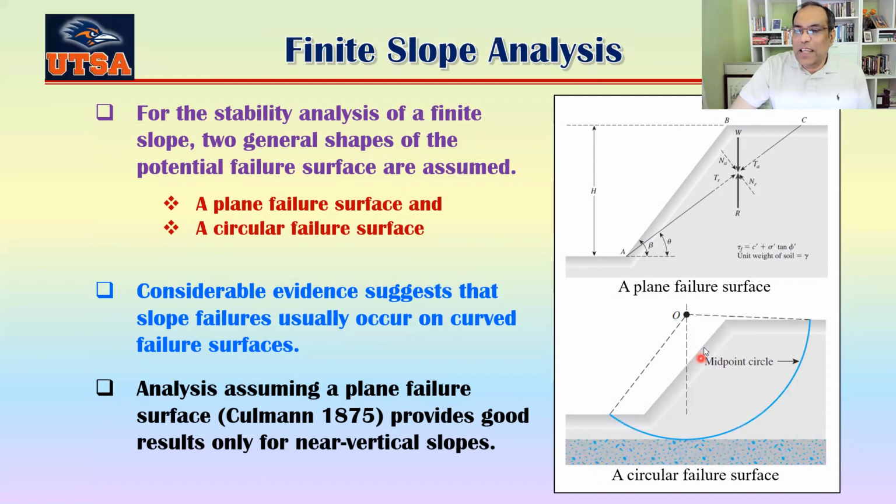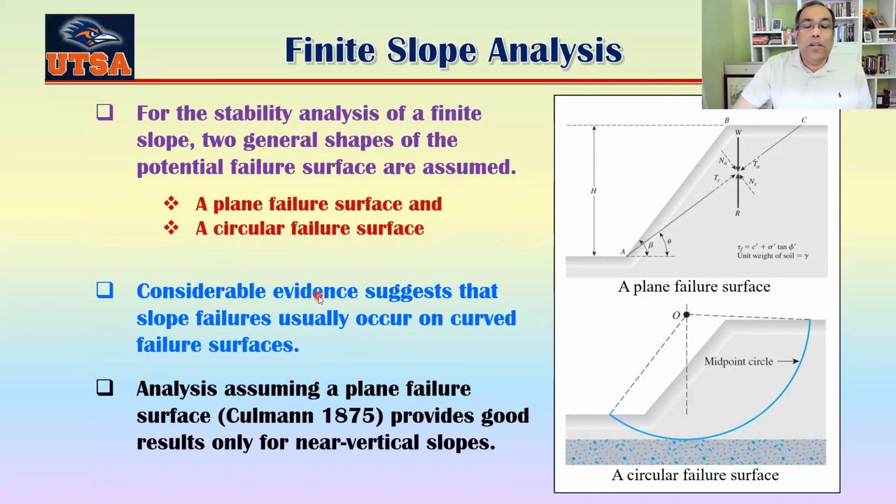Okay, so you can see here that this is a circular failure surface and this is a plane failure surface. That's basically the two general shapes of the potential failure surface that are assumed.